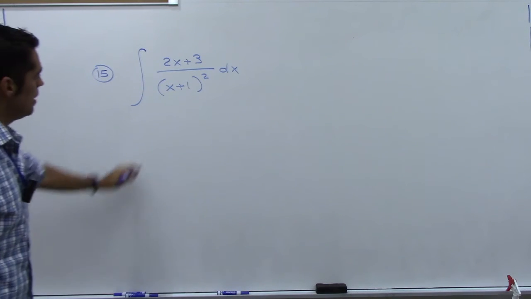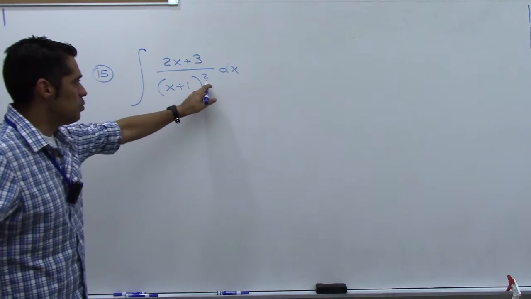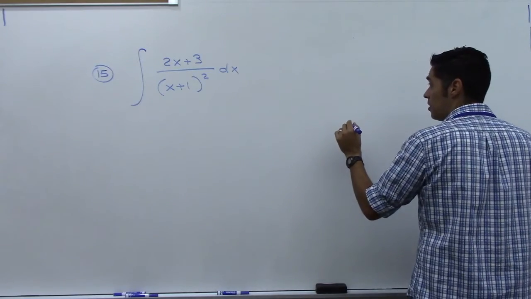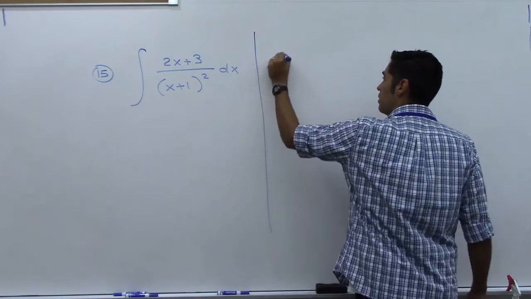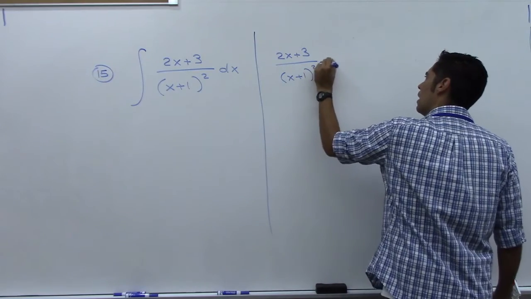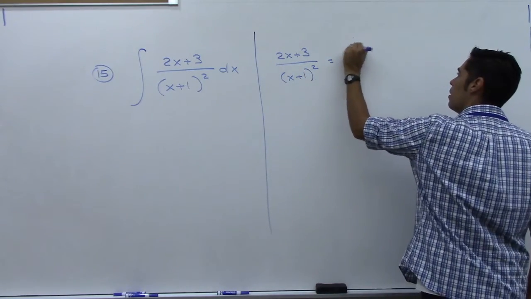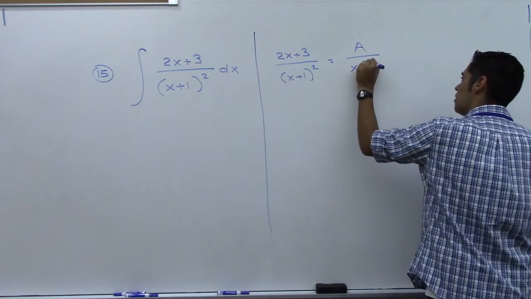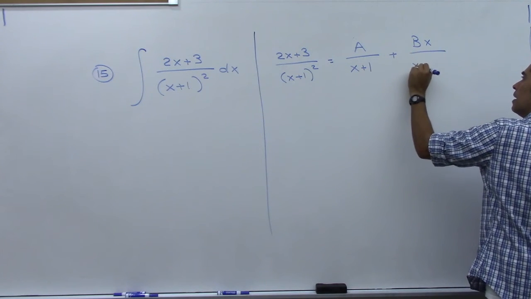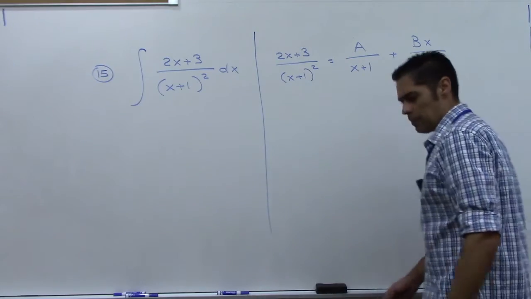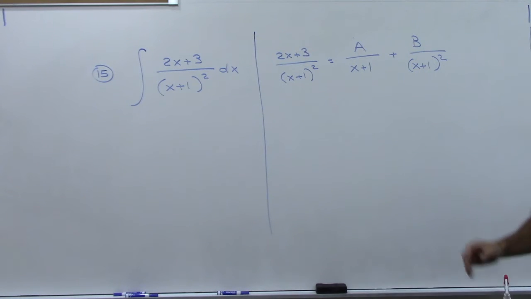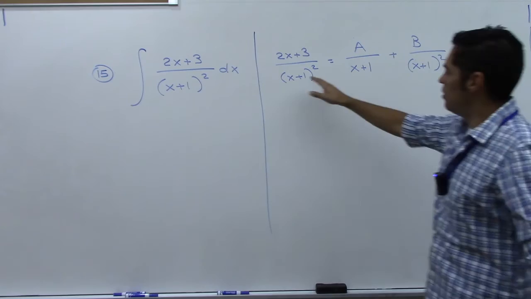But remember that if you have a linear factor and it's repeated, so if we have a repeated linear factor, then what I'm supposed to do is try and find a way of rewriting that integrand in a way that I get, first of all, an a over the linear factor by itself, just one factor of it, then plus, now instead of b x, just b, over the linear factor squared. So somehow I'm supposed to turn this into this.